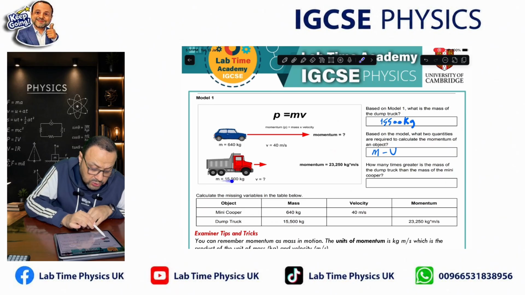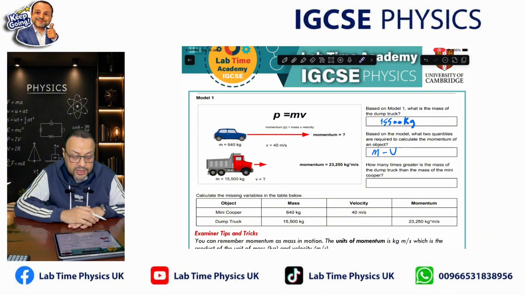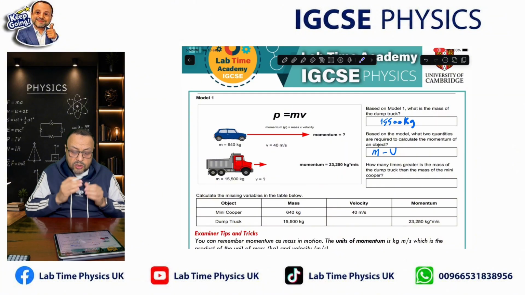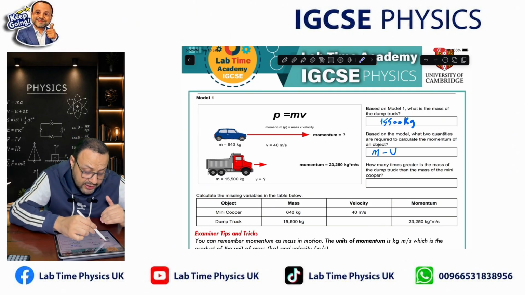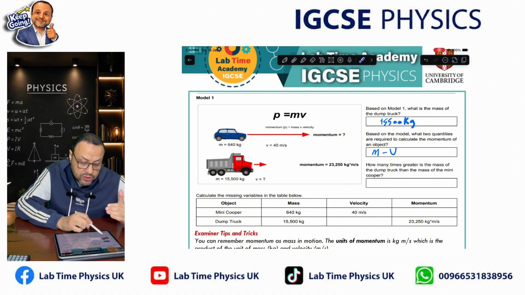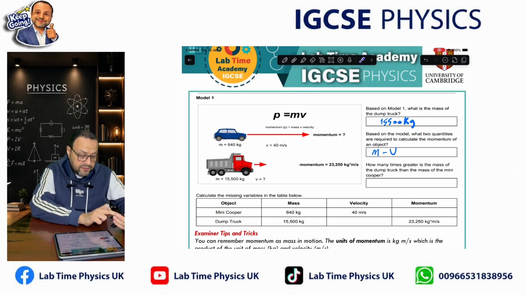Here, the mass of the dump truck is 15,500 kilograms, and the mass of the Mini Cooper is 640 kilograms. So if I want to compare the mass of the dump truck and the mass of the Mini Cooper, I have to divide 15,500 by 640 to get how many times. So we have here 15,500 divided by 640.